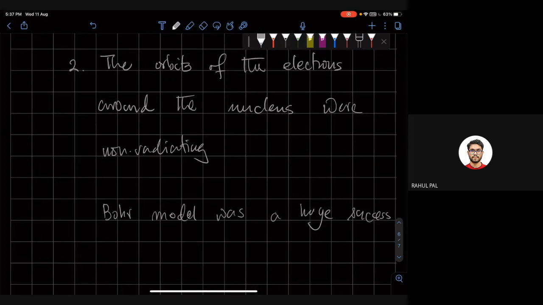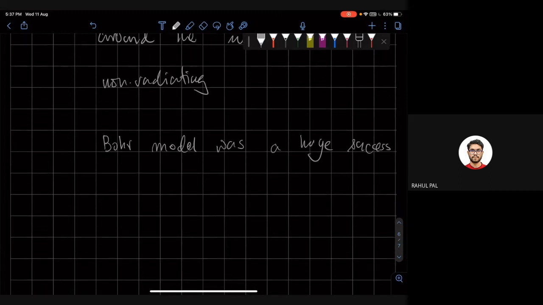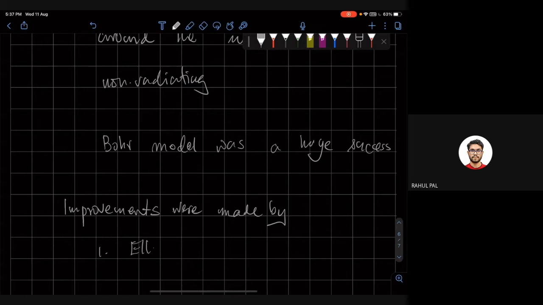Okay, so eventually some of these results were improved. There were still some discrepancies, okay? And some improvements were made by considering elliptical orbits.